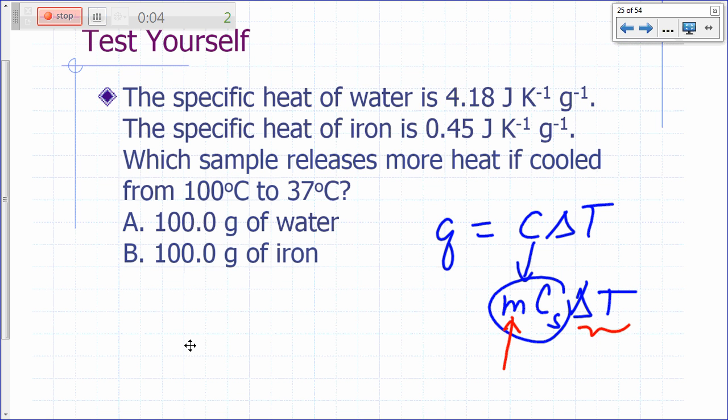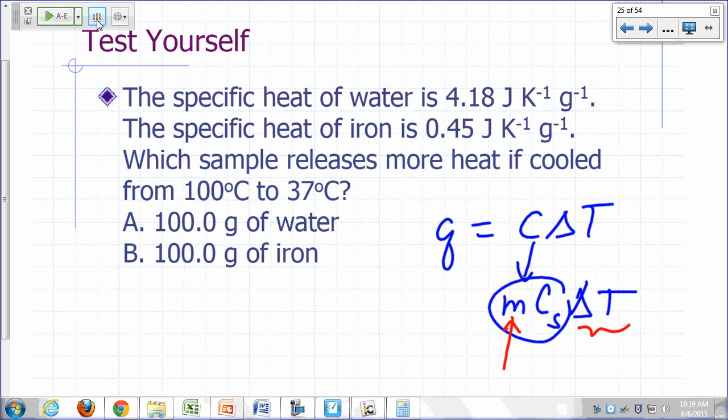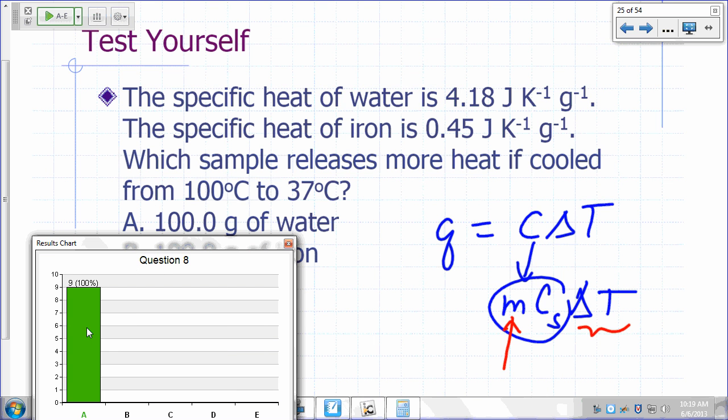If it has to cool down from 100 to 37, it has to release heat, right? In fact, Q here is going to be negative. Okay, water. Water releases more heat.